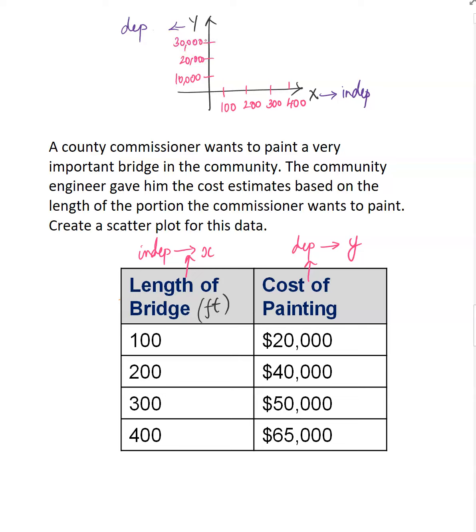Then you could begin to plot. For instance, the first one you'll plot is 100. This is X, this is Y. So this would be 100, 20,000. The first point will be like this. You're going to get all four points using the scatterplot idea.